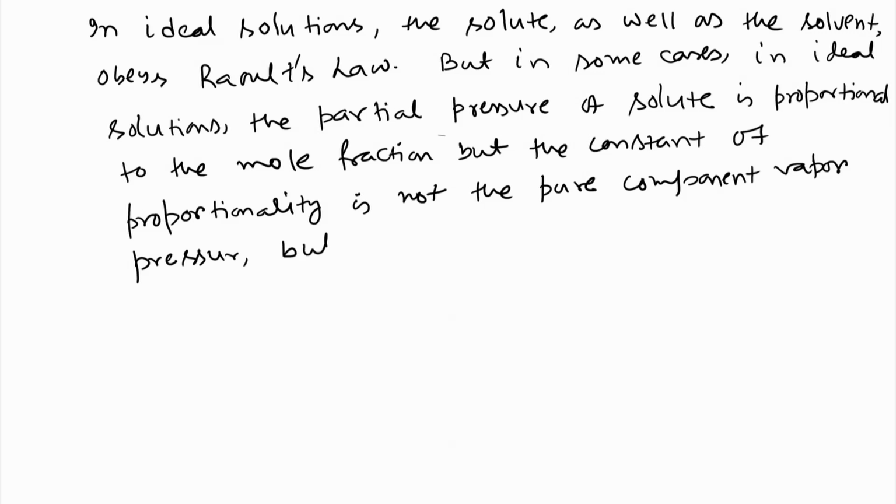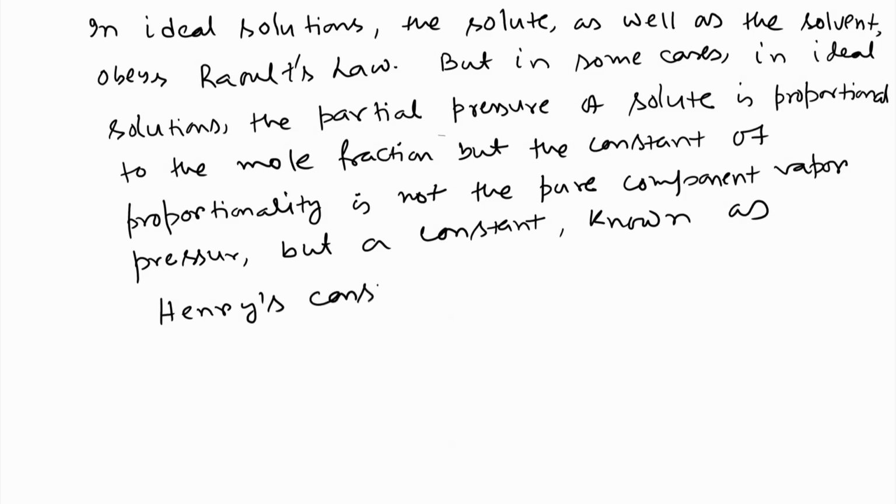But a constant known as Henry's constant. You already studied that, Henry's constant, KH, or you can write KB also if you want. So, PB is KB times XB, okay.